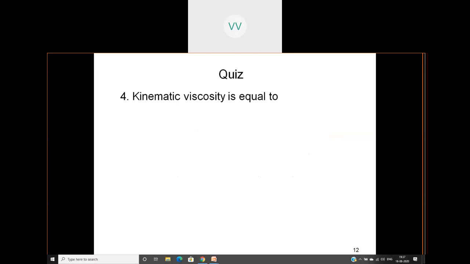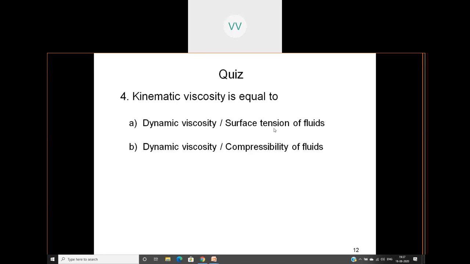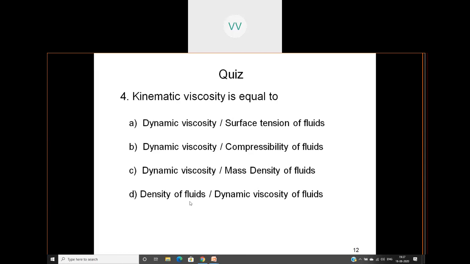Then coming to the kinematic viscosity: it is equal to dynamic viscosity by surface tension of the fluid, dynamic viscosity by compressibility of the fluid, dynamic viscosity by mass density of the fluid, or the last option, density of the fluid by dynamic viscosity.